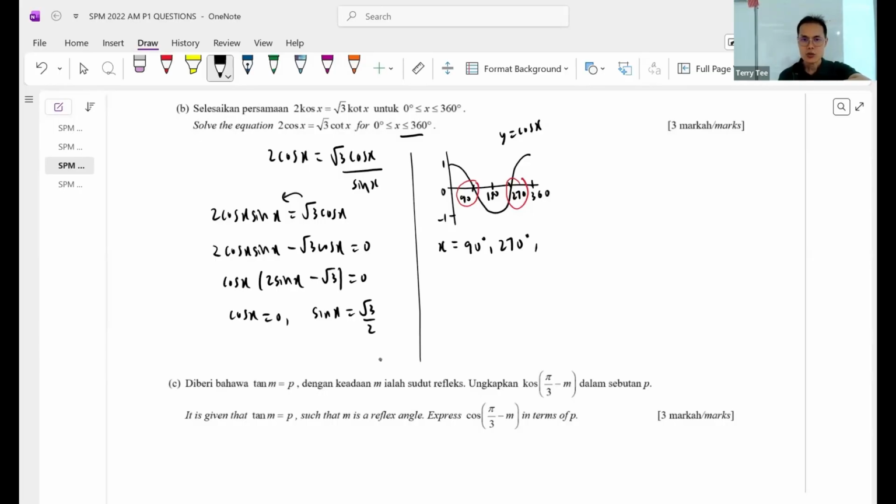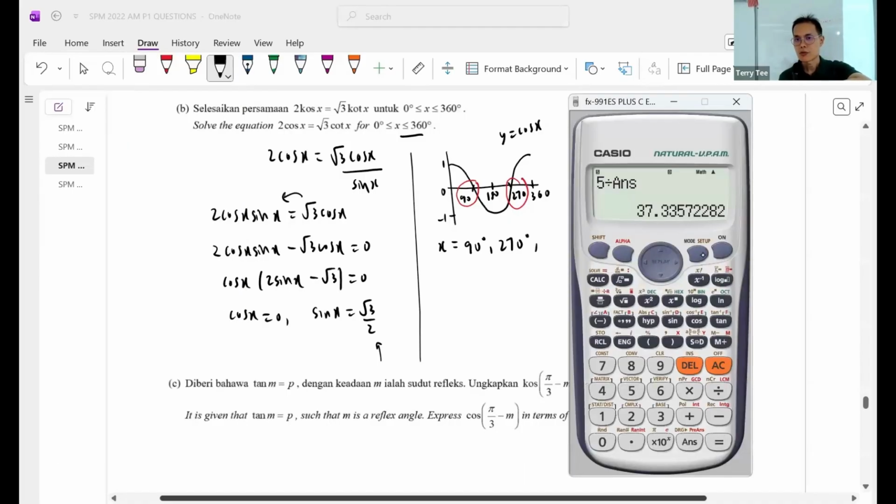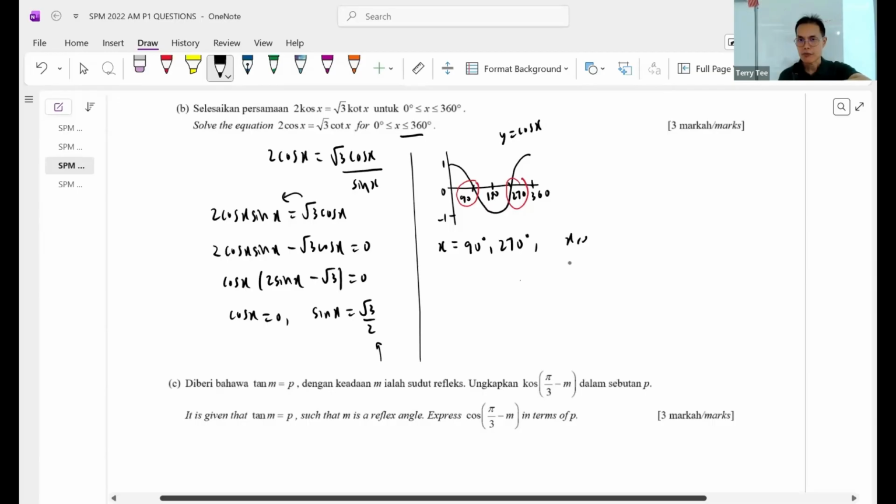But for sine x equals sqrt 3 over 2, we have to use the reference angle. So guys, use your calculator. Calculator in degree mode. Generally, if you don't do anything, your calculator is in degree mode. There's a D here. Shift sine, sqrt 3 divided by 2. You should get 60. So right now, your reference angle is 60. Sine is positive in quadrant 1 and quadrant 2. Remember your ASTC, all science teacher crazy.